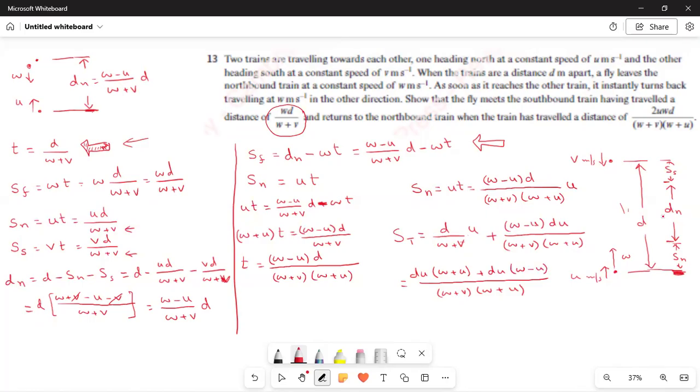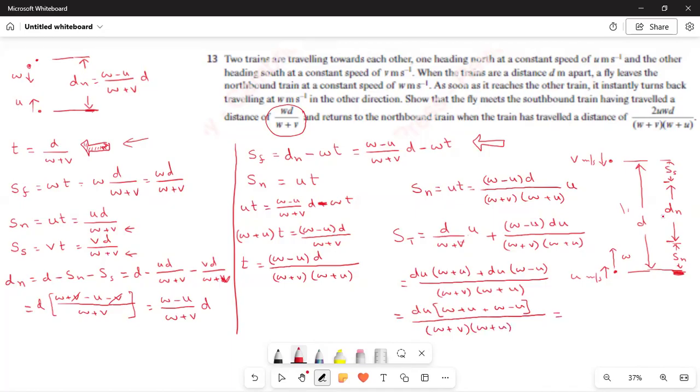If I take W and U common outside, I will have (W plus U) plus (W minus U), and the denominator is the same, (W plus V) and (W plus U).